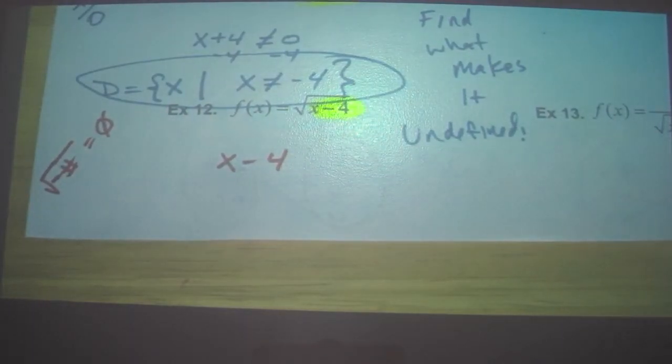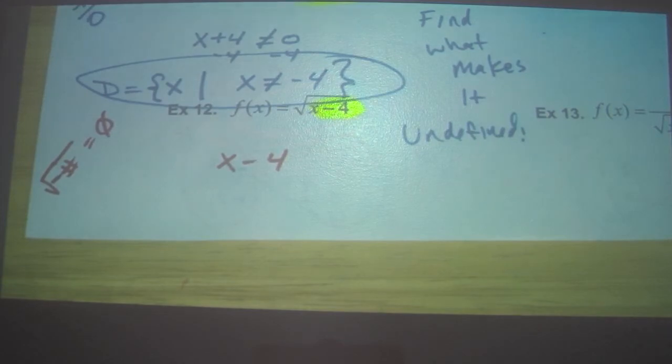So if it can't be negative, it can be 0, it can be positive. What is that? Any idea how to write that mathematically? Can't be negative, but it can be positive and 0.